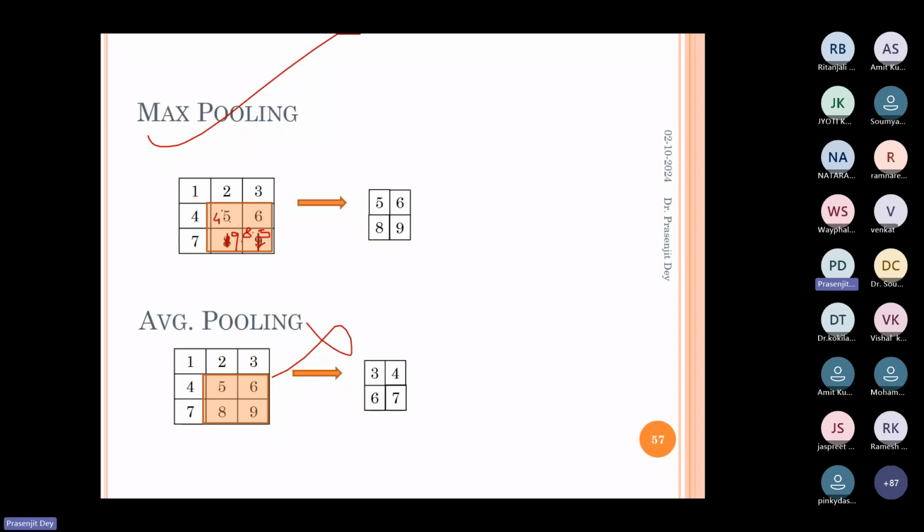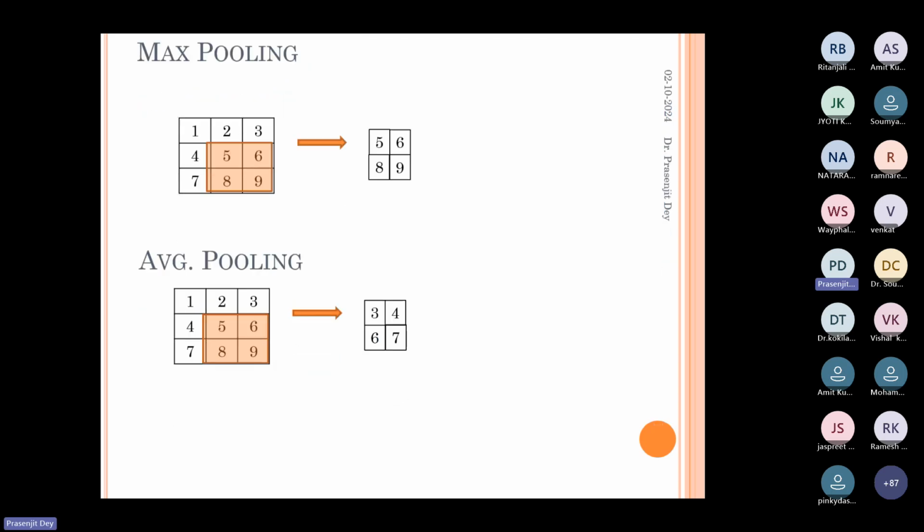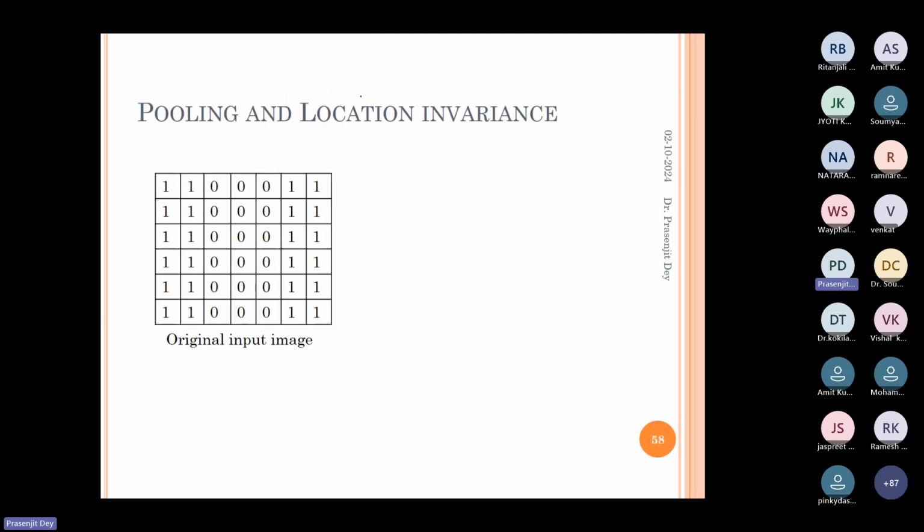This 5 can become 4.5, or this 6 can become 5. So these many changes may happen. If you apply pooling, it makes sure this distortion or these changes can be correctly addressed, and that is why pooling is used. So, pooling and location invariance.